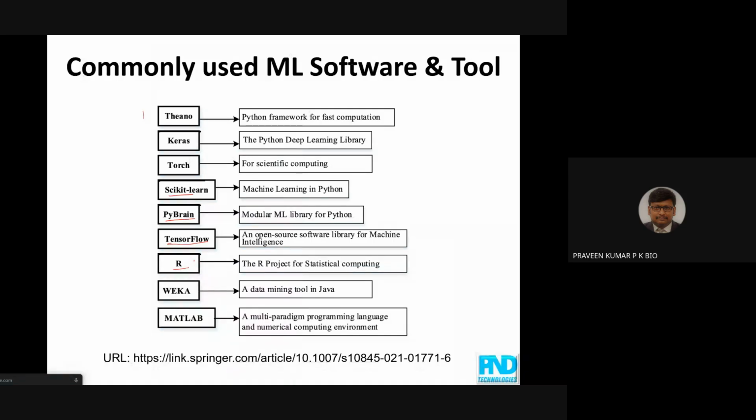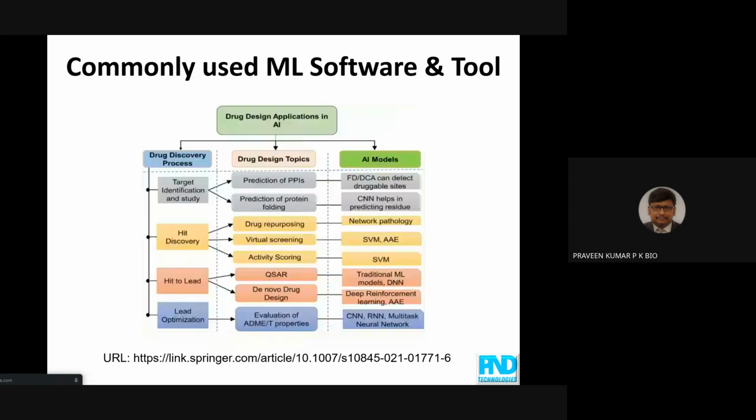This also comes under machine learning. And Weka, my supervisor, Professor Michael Grumiha, who is a number one bioinformatician, is using this kind of tool developed in Java, Weka, and MATLAB. It's a multi-paradigm programming language. So these you can use as machine learning tools.